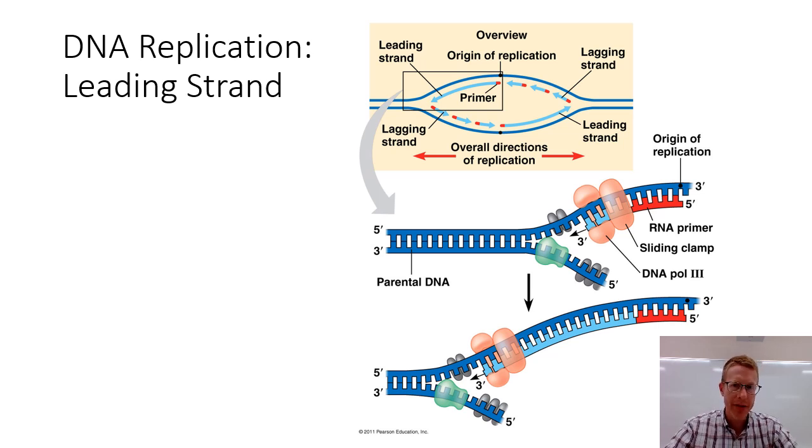Okay, so that's always a bit confusing. The first step, though, is to add an RNA primer. DNA polymerase 3 doesn't know where to start without that primer. And so DNA primase comes in and adds an RNA primer, which is a short section of RNA that's complementary to the DNA on the old strand.